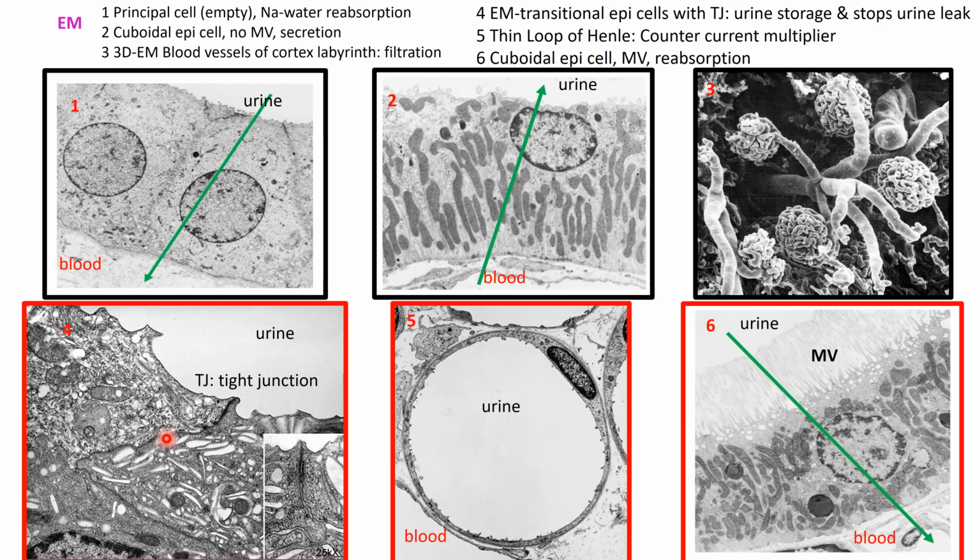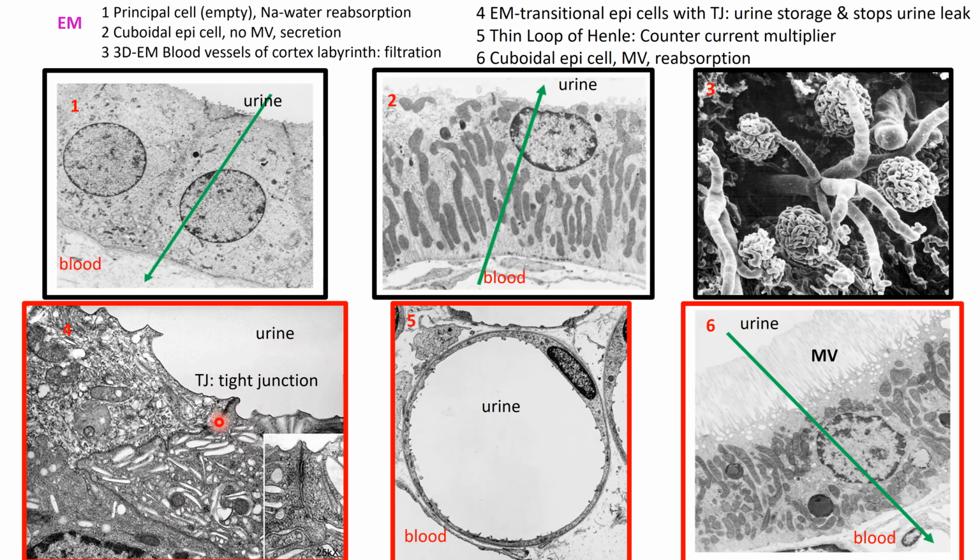The image number 4 is an electron microscopic image of 2 transitional epithelial cells sitting next to each other. This would be the nucleus right in here.